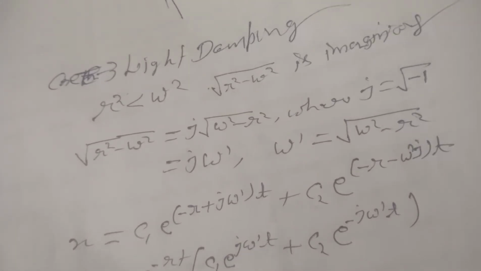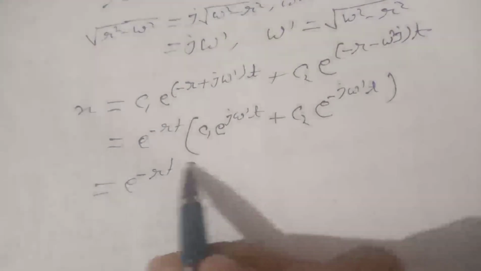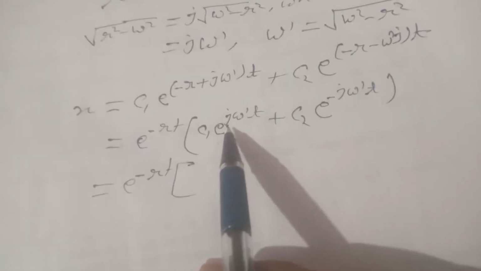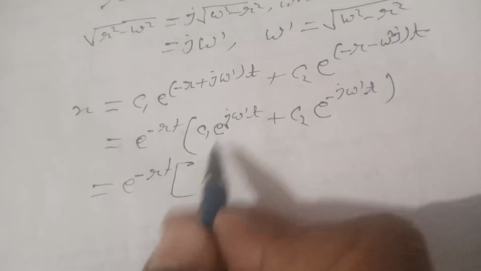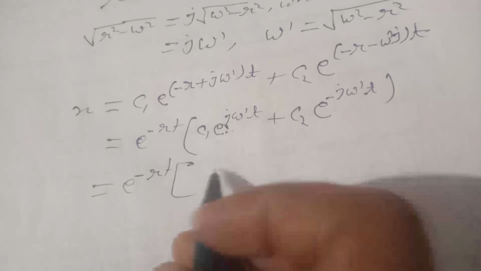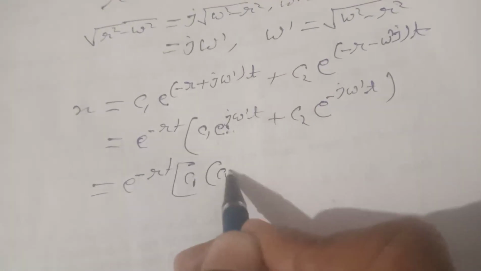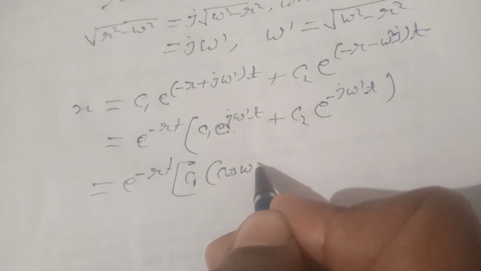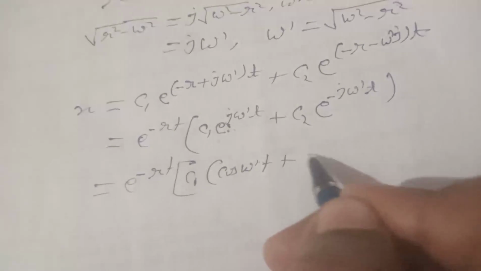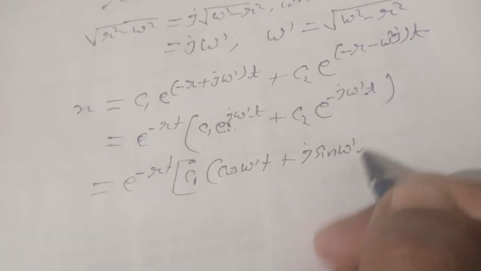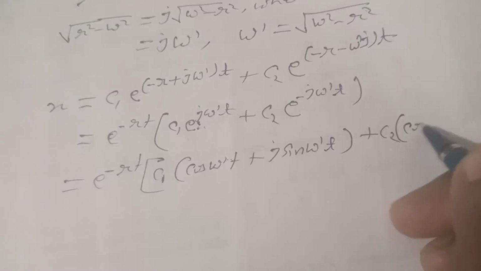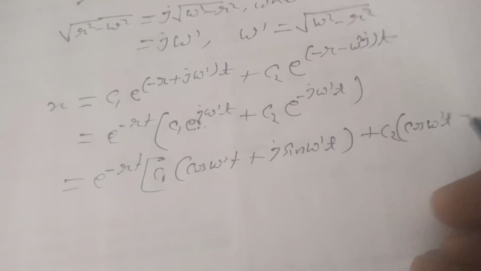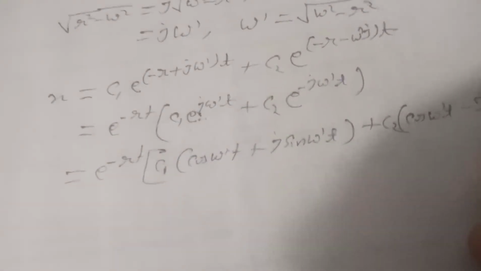So we can write it as e to the power minus rt, and the complex form of this exponential, that is c1 into cos omega dash t plus j sine omega dash t, and again it can be written as cos omega dash t minus j sine omega dash t.